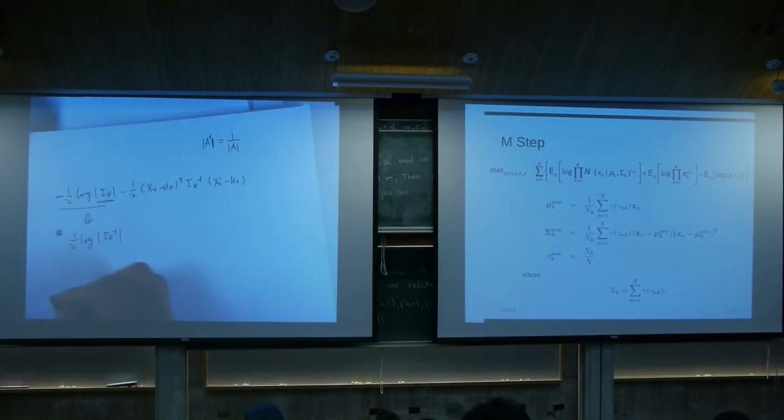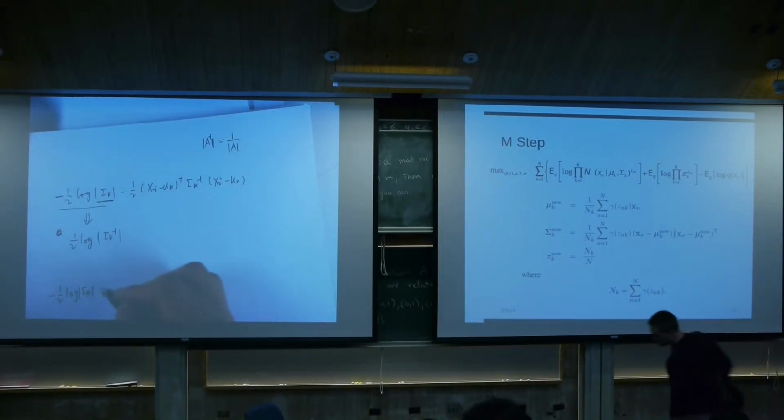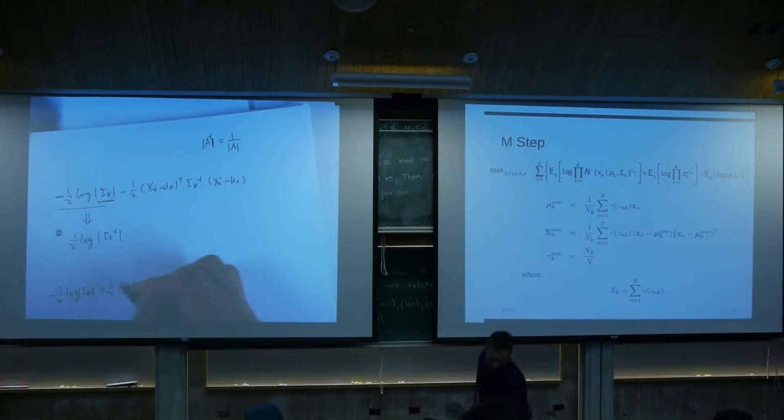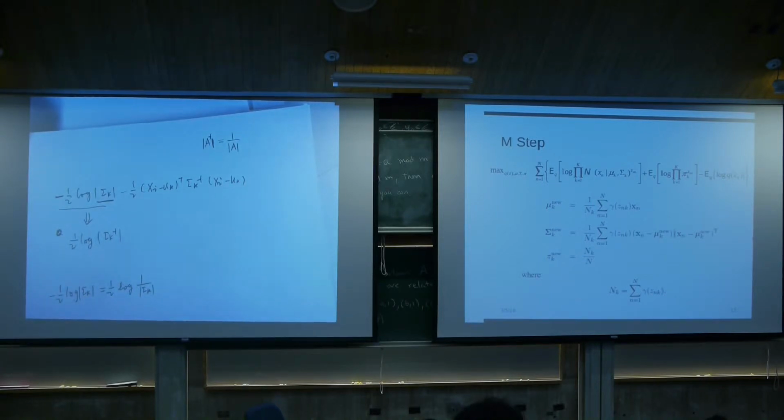Okay, let's do it. This guy equals to 1 over 2 log 1 over the determinant of sigma k, right? We put the minus sign into the log, and this guy equals to 1 over 2 log determinant of sigma k inverse.